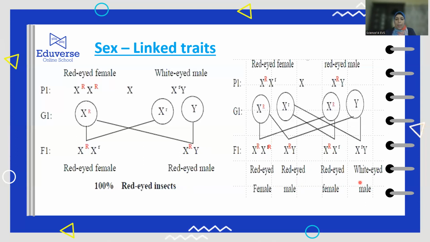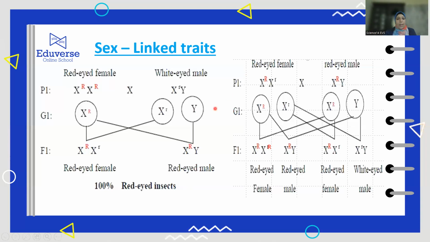The exception here is the sex chromosomes. Why? Because this trait is a sex-linked trait. The gene which controls the eye color in the Drosophila insect is expressed on the X chromosome.